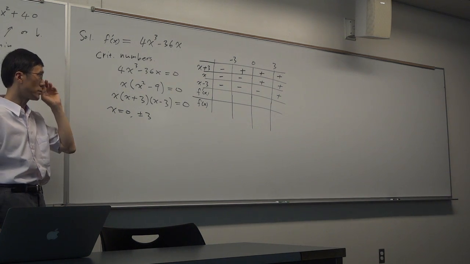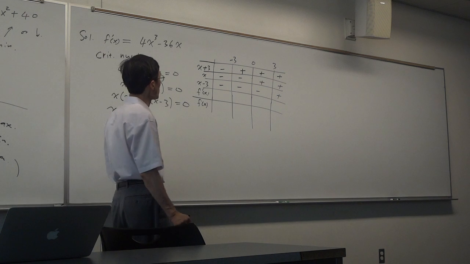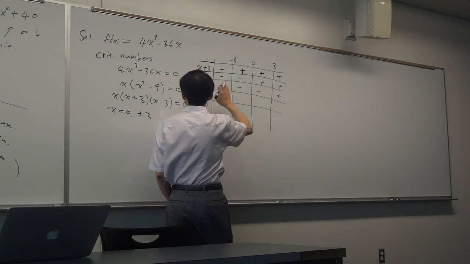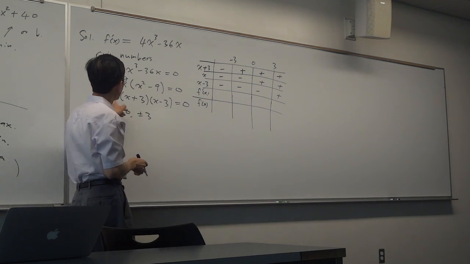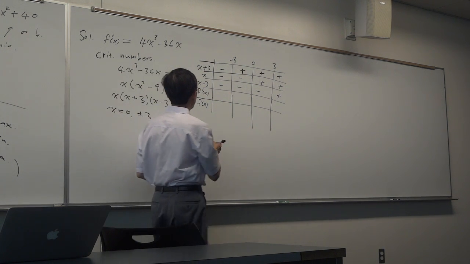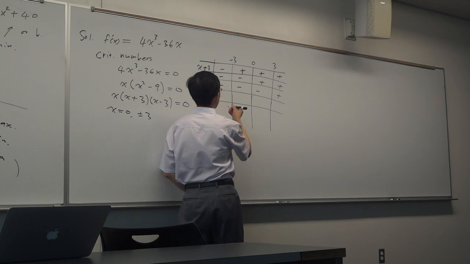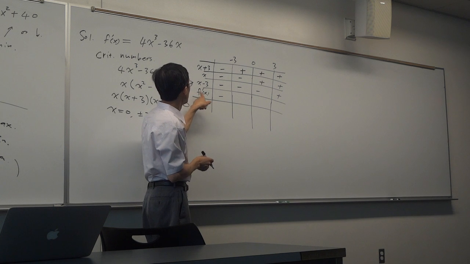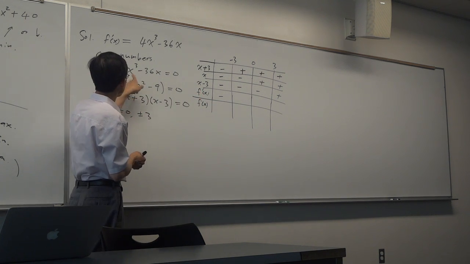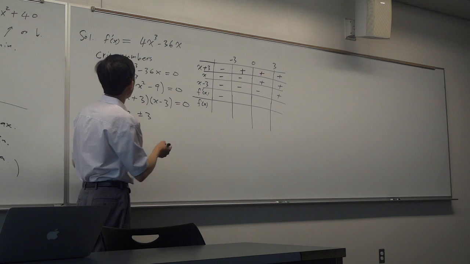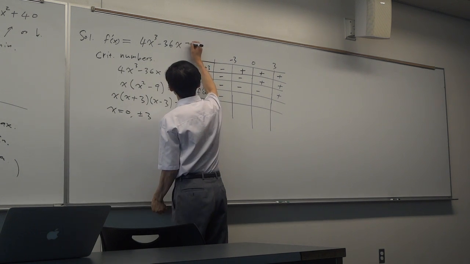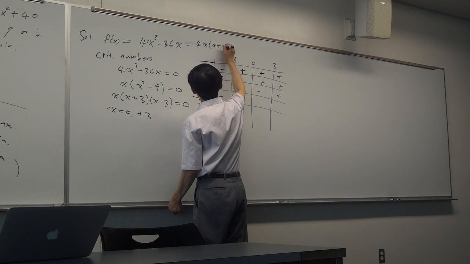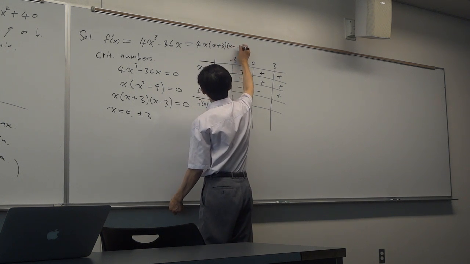But in general, just work carefully and see what the sign is. All right, the rest is fairly easy. F prime x is this, and in fact, if you factorize, it is 4 times x plus 3 times x minus 3.